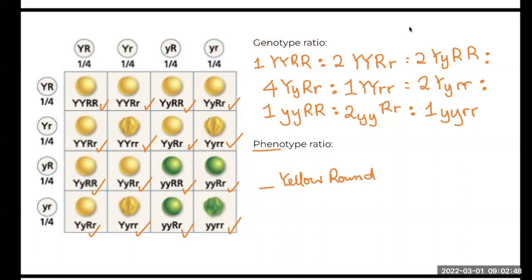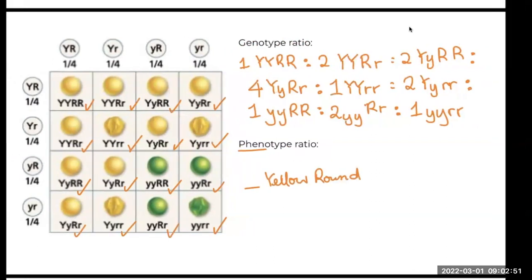So this one is definitely yellow and round. This is yellow and round because it has a big Y and one of the little R's. This is yellow and round. This is also yellow and round. And that's it. So let's count how many of these are yellow and round. So 1 plus 2 is 3, 5, 9. So 9 of them are yellow and round.